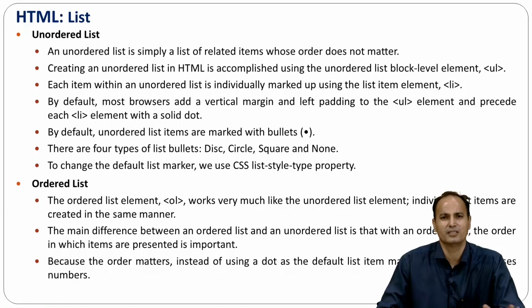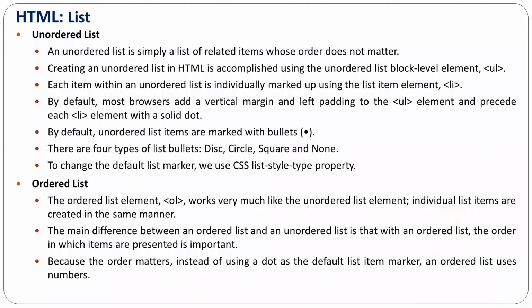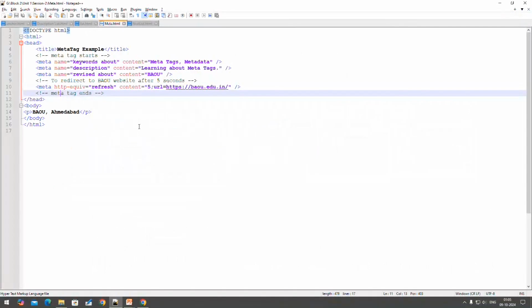To change the default list marker, we can use the CSS list-style-type property. So let's have a look at an unordered list example so that you can easily understand.